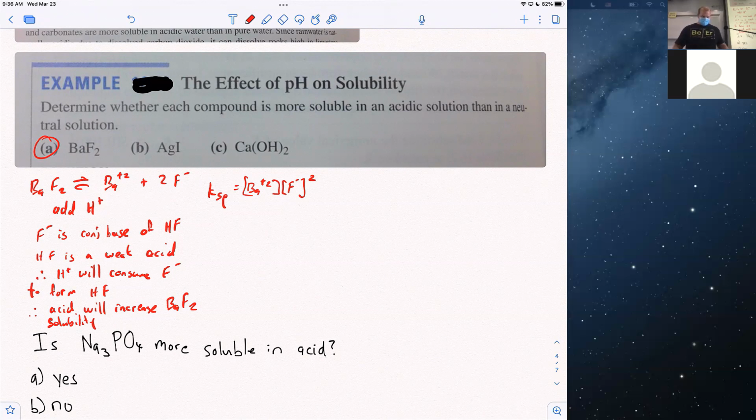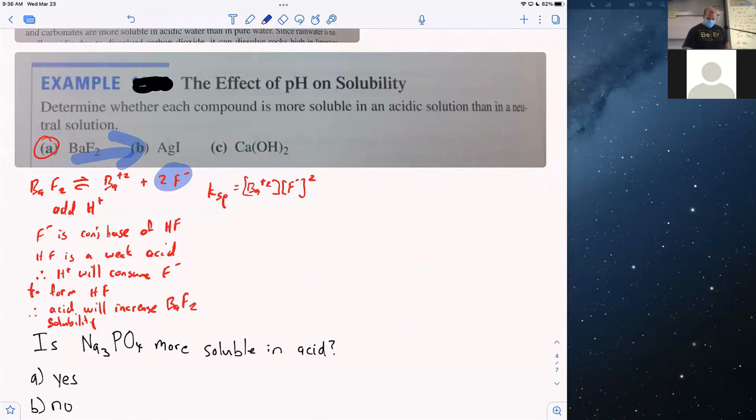As it's shifting right, the fluoride is being consumed, which means it's going to shift right more. That's a very ugly arrow. There we go, there's a better arrow.